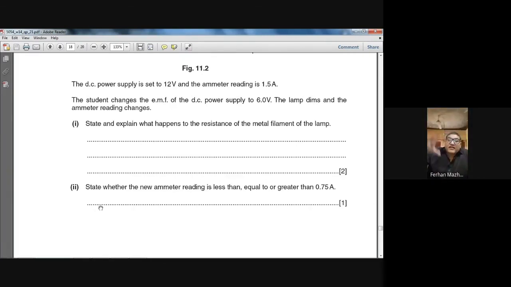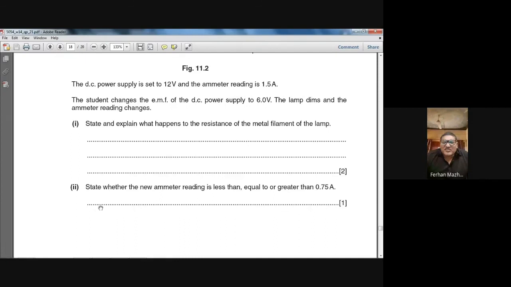Its resistance will reduce. When you decrease the voltage from 12 volt to 6 volt, the resistance of the filament lamp will also decrease. So the current becoming half will not happen, because the resistance has also decreased.